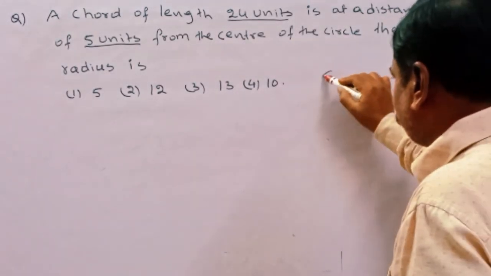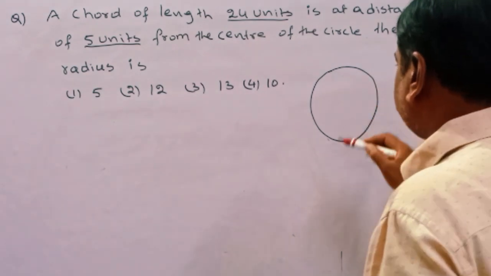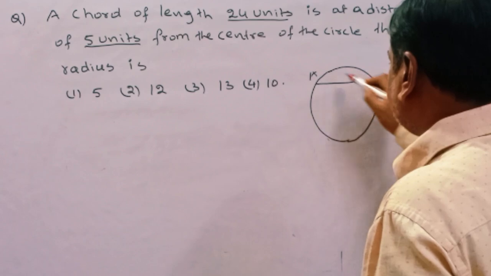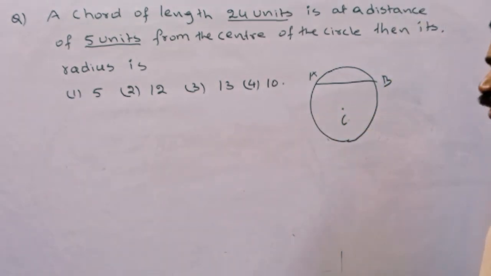You see, this is the circle, and this is the chord AB, and this is C, the center of the circle.